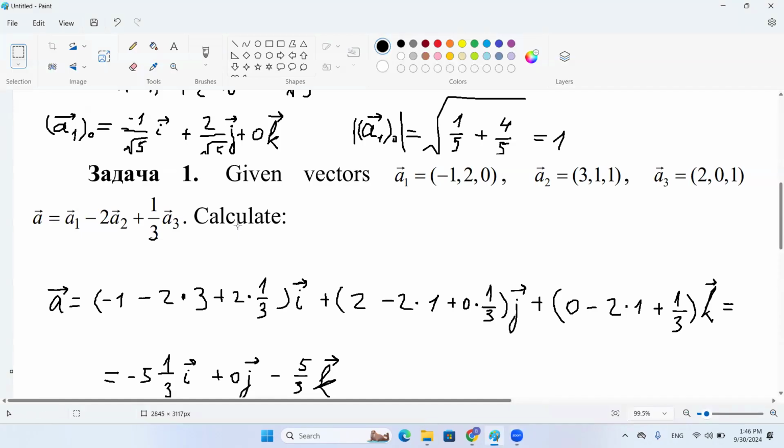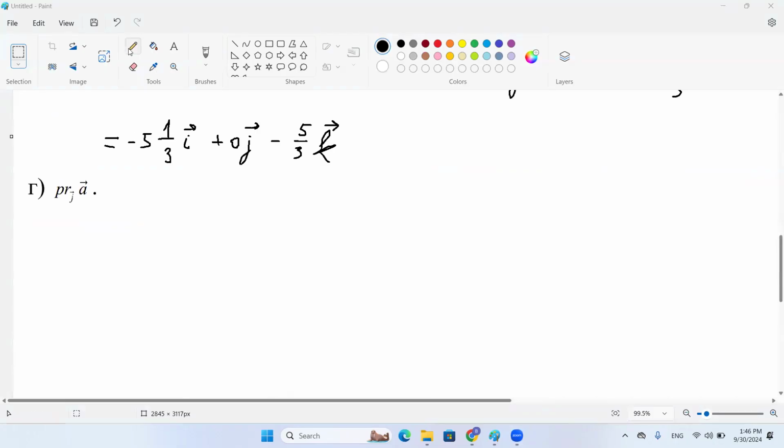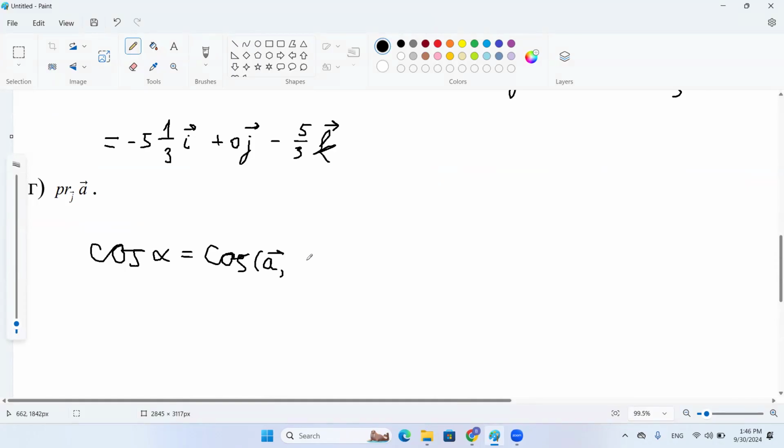Direction cosines. So each vector has them. So cosine alpha, it's the cosine between vector A and I. So do you remember this?